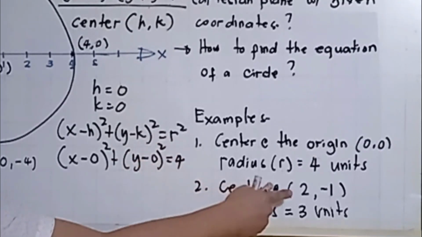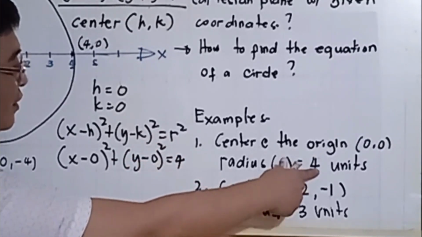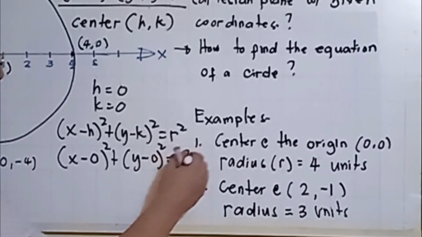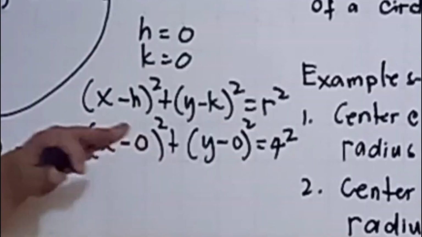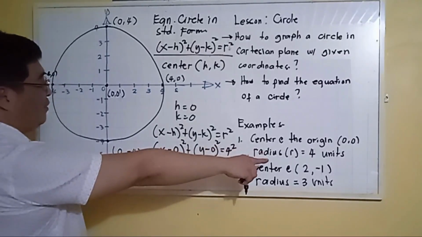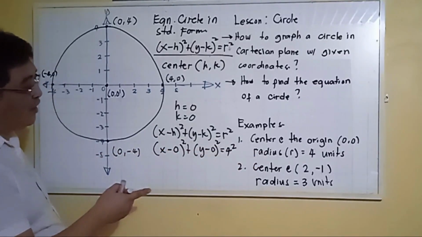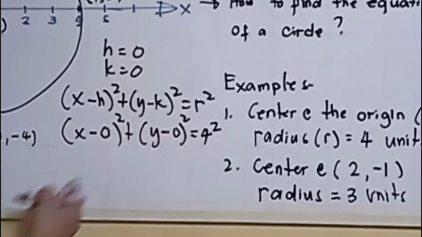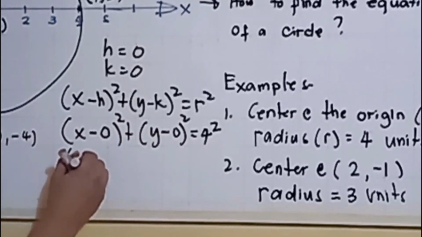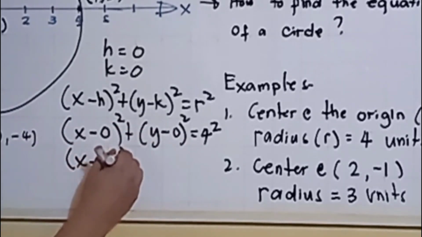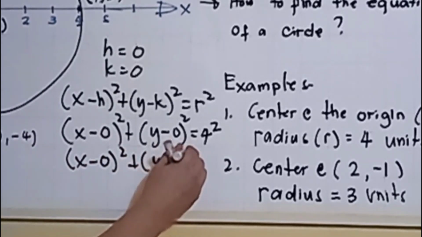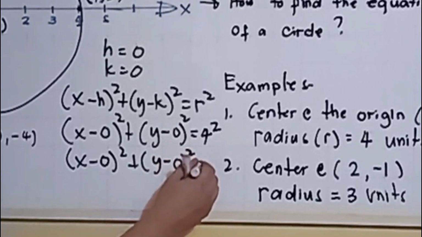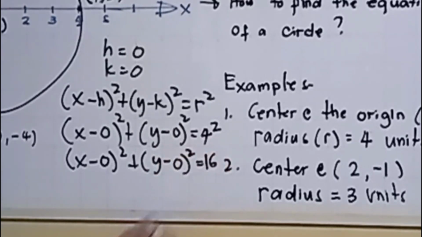Yung r, given 4, is r, and then we square it. So, ito na yung equation ng ating circle of example number 1 in standard form. Simplify pa natin yung 4 square: x minus 0 square plus y minus 0 square is equals to 4 times 4, 16.